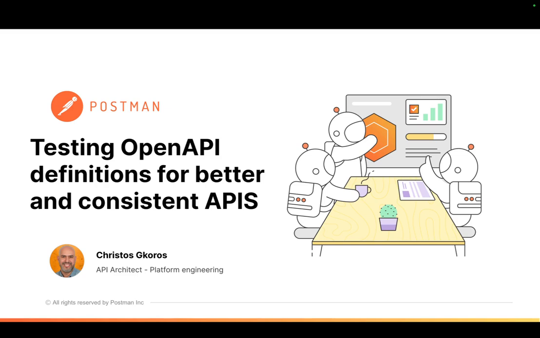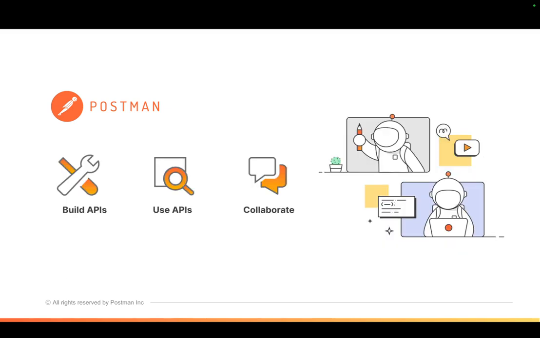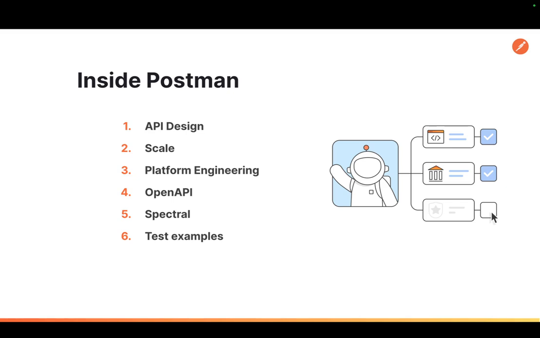For those of you living under a rock, Postman is a platform that helps people build, use, and collaborate on APIs. But in this talk, we're going to focus on how we do things internally in Postman engineering.